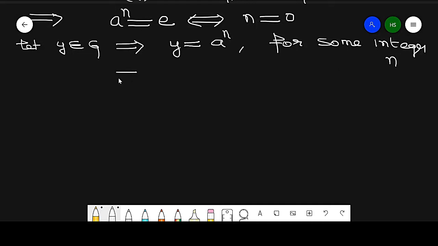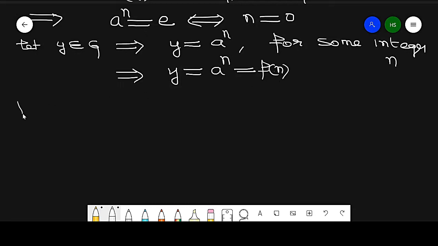By definition, this value is equal to f of n.